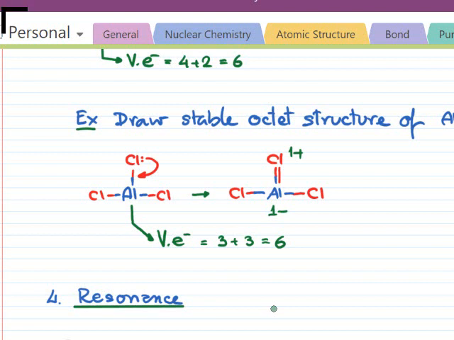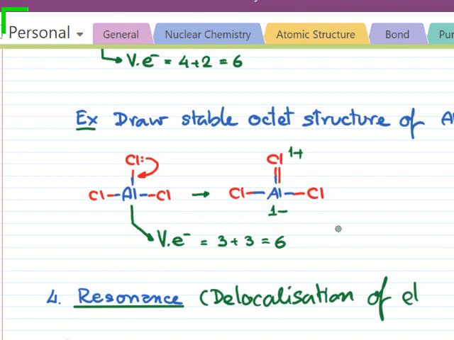Okay, so resonance is actually a technical term for delocalization of electrons. So your electron is not localized or staying at some place, but it moves around.